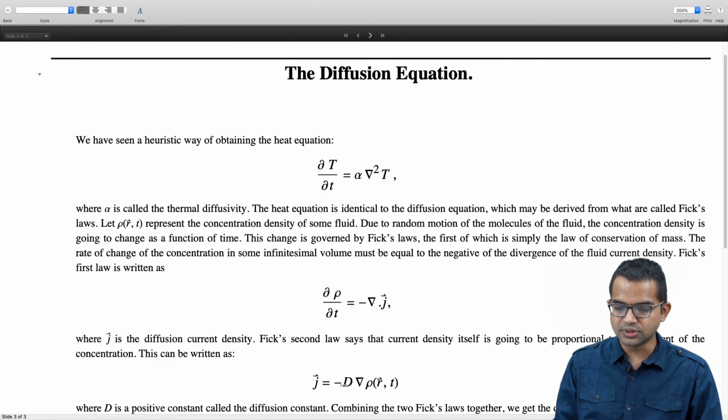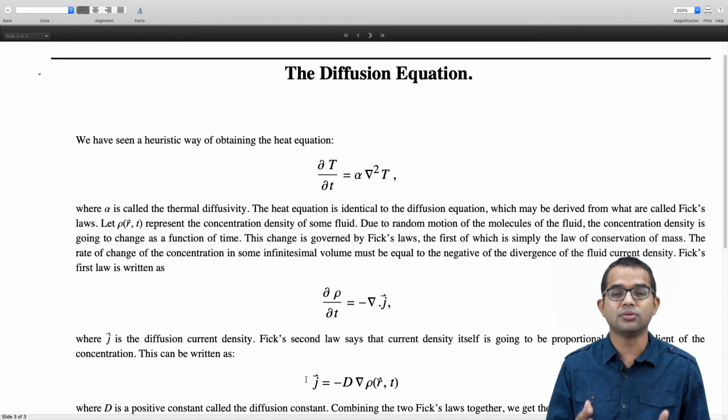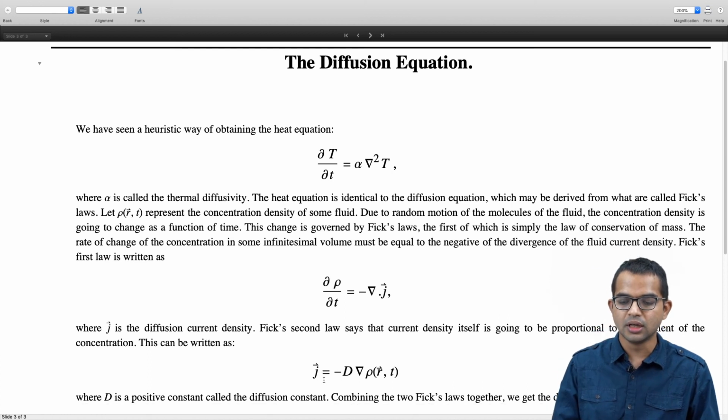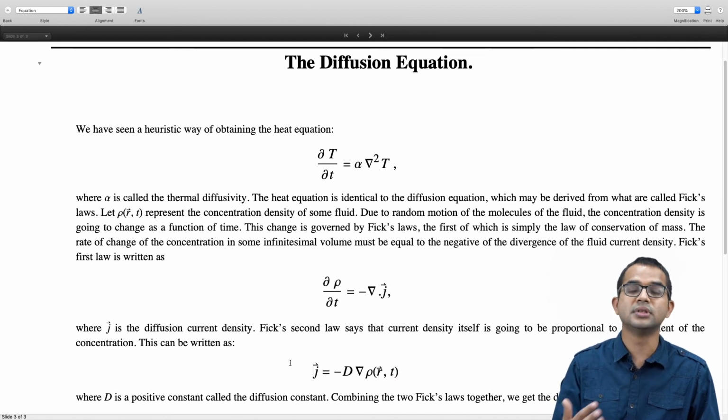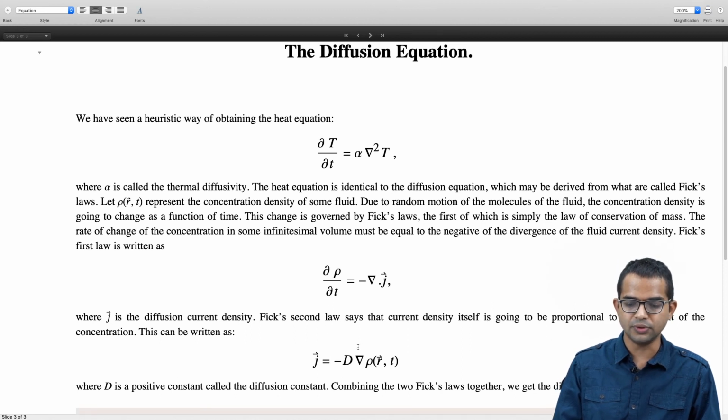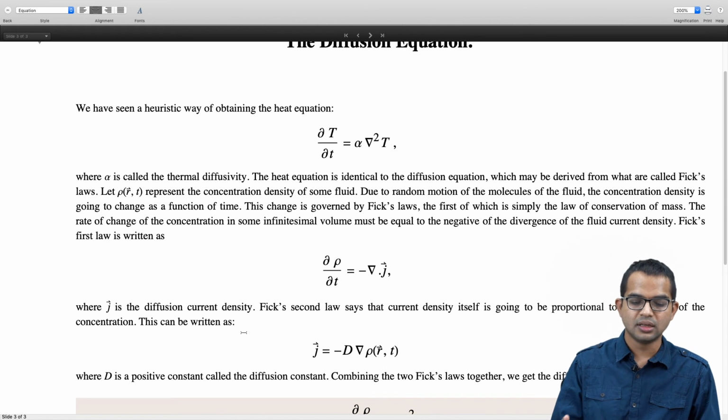But the assumption here, which is within the realm of what is called linear response theory, is that this current is actually just proportional to this gradient, right? The sign is fixed in such a manner that particles move from a region of higher concentration to a lower concentration. So if you invoke this argument, then you have this current is given by minus some constant times the gradient of this concentration density of this fluid. And so this D goes by the name of diffusion constant.